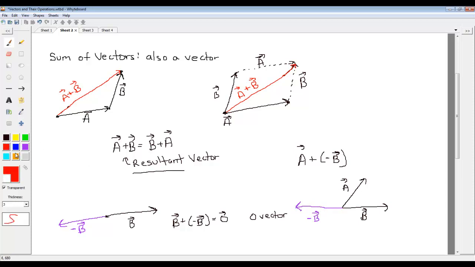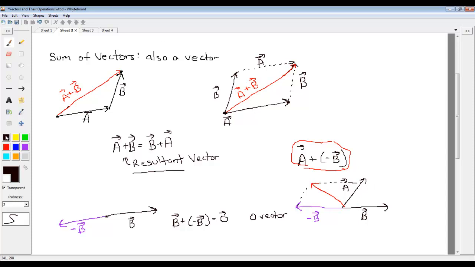So when you go to do the resultant vector with A minus B, you would have it right here. You've got A and minus B. The resultant vector would be in there, because you could still make one of those parallelograms just with A and the minus B instead. So that's something else to think about.